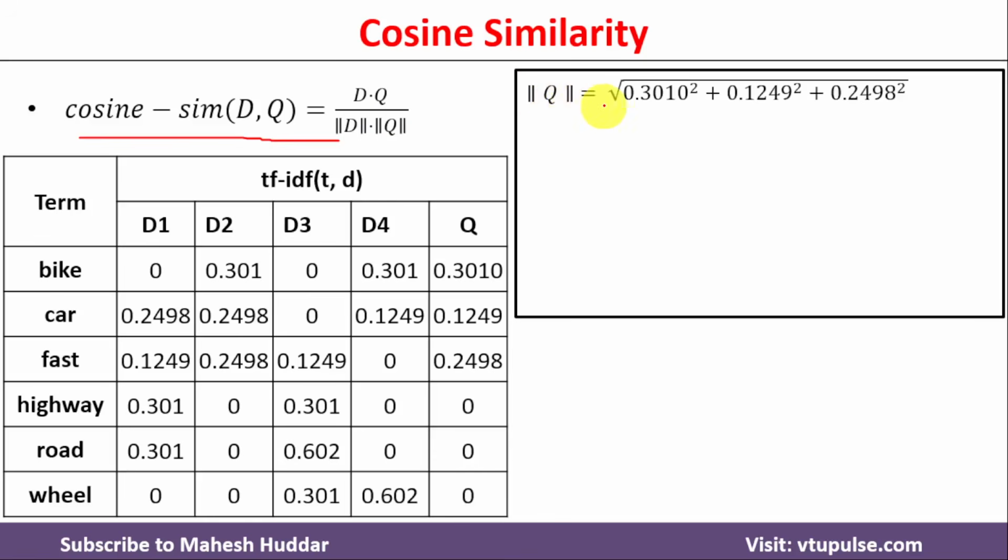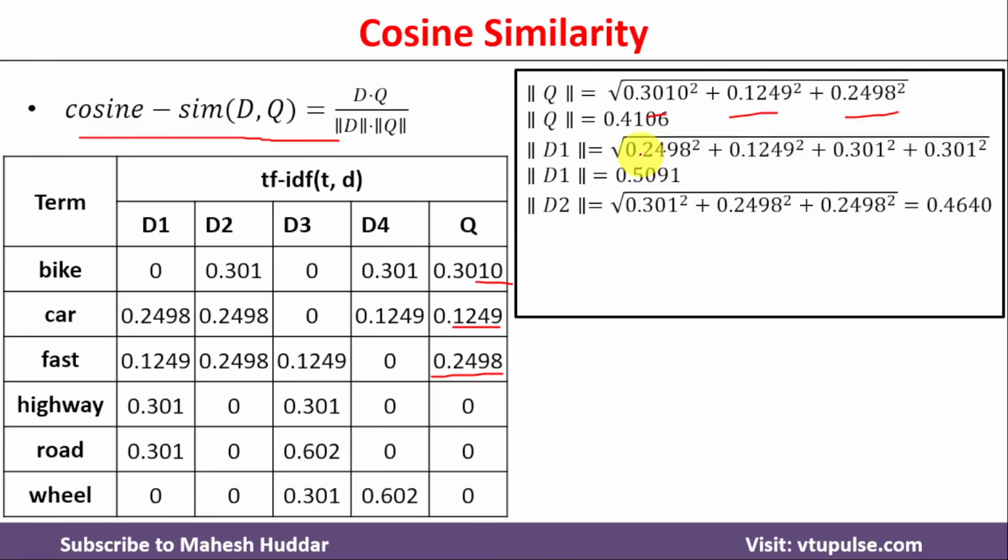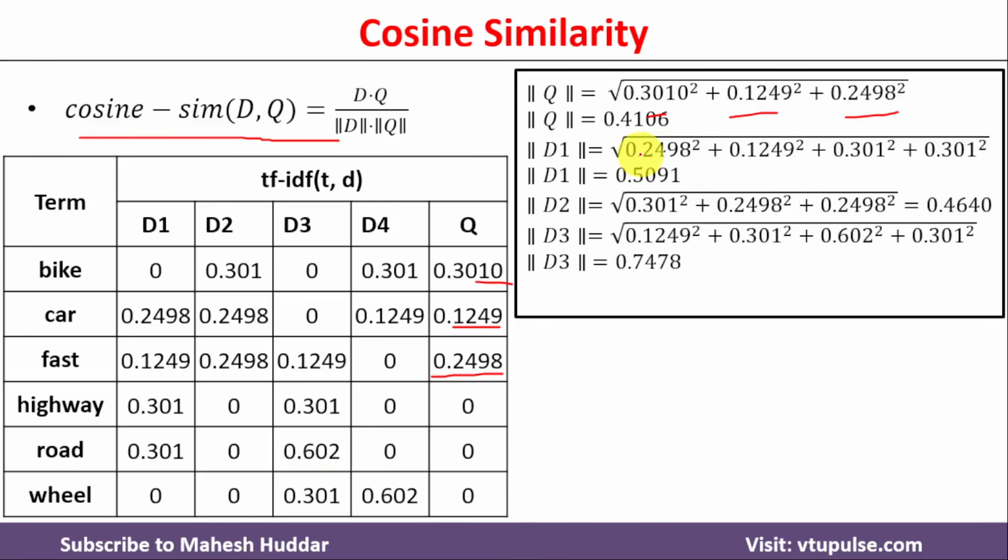Length of q is equal to the square root of the sum of squares of TF-IDF values. That is 0.3010 squared plus 0.1249 squared plus 0.2498 squared, and the remaining are zeros. So we will get a length of q equal to 0.4106. Similarly, we will find the length of D1, D2, D3 and D4.